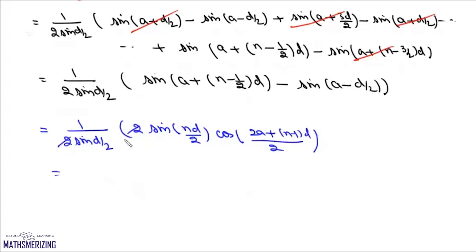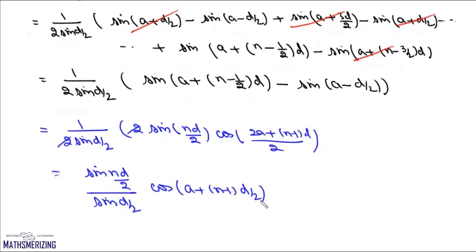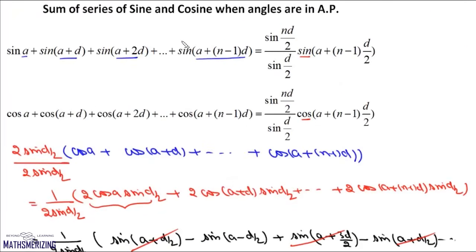Here 2 and 2 will cancel. So we'll get this as sin(nd/2) upon sin(d/2) into cos(A + (n−1)d/2), which is the same as the result that we need.